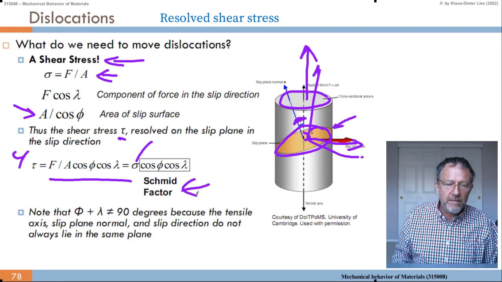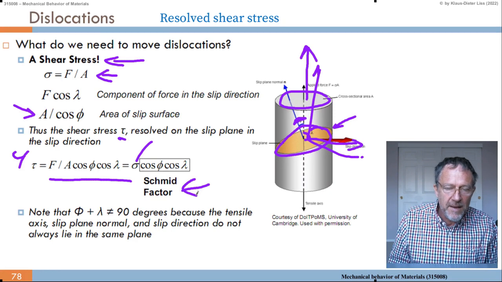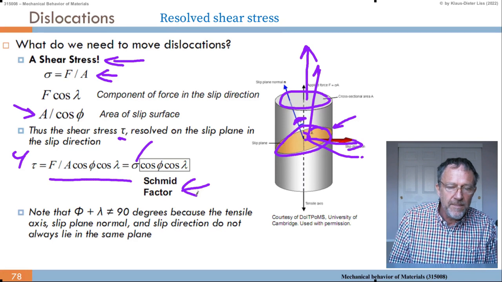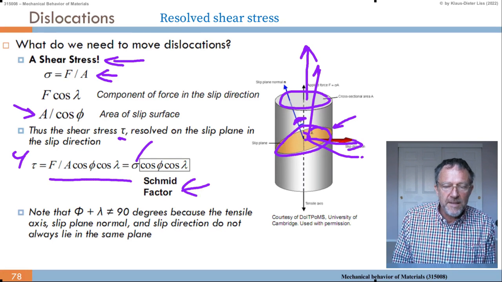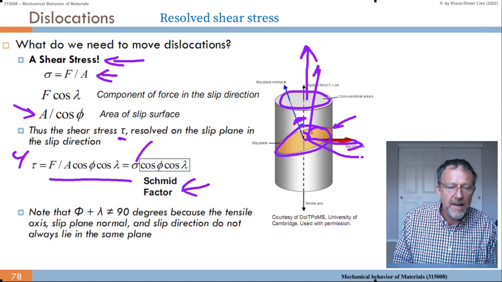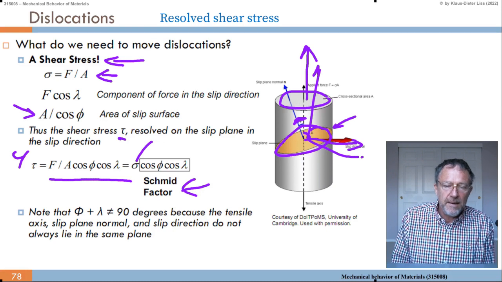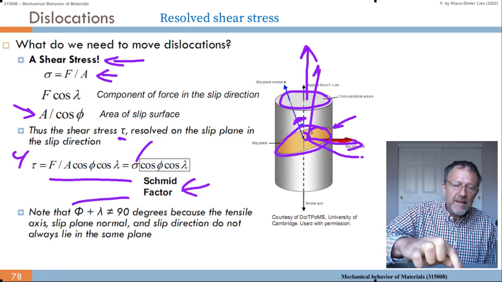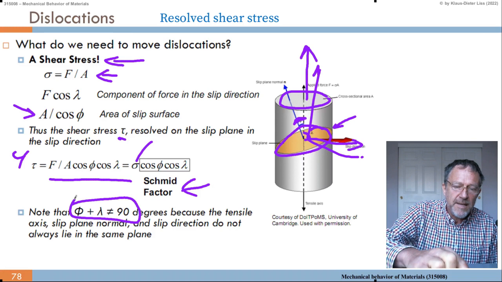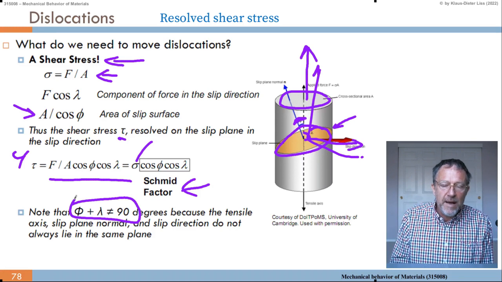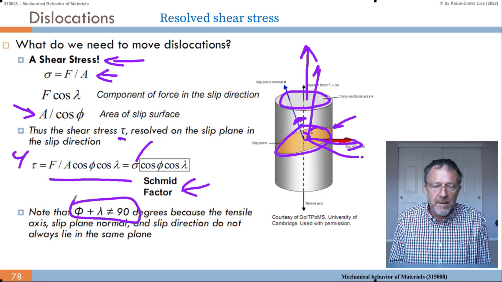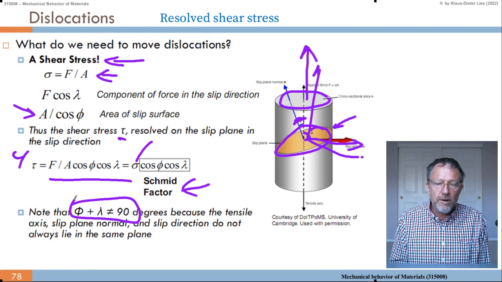Note that phi plus lambda is not 90 degrees, because the tensile axis, slip plane normal and slip direction do not always lie in the same plane. So this is not necessary. Only if they lie in the same plane does phi plus lambda become 90 degrees. Otherwise, they can be different. They are not coplanar.